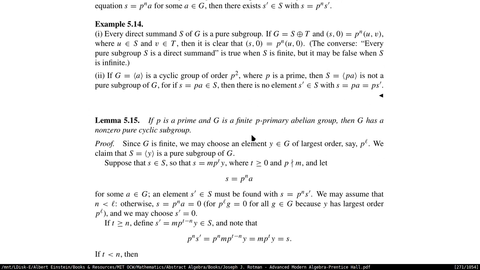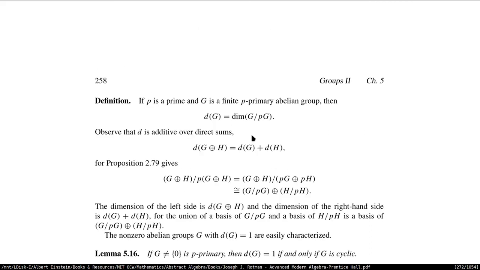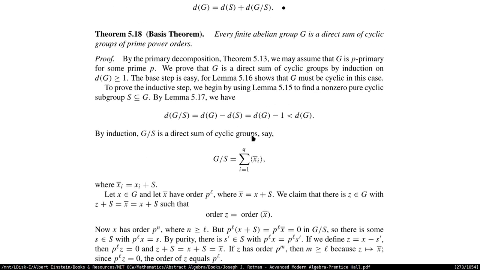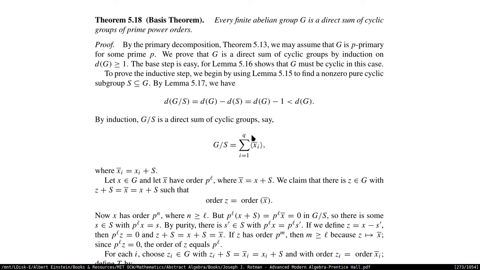Okay, right. So this was that. If G is a p-primary abelian group, there exists a pure cyclic subgroup. So you find a non-zero pure cyclic subgroup S that is contained within G.